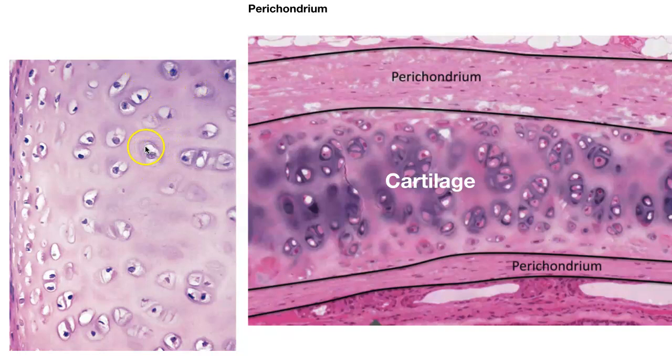So I like to say these little lacunae are little islands that surround the chondrocytes. Lacuna matata, no worries. If you guys even remember The Lion King, Lacuna matata, no worries.